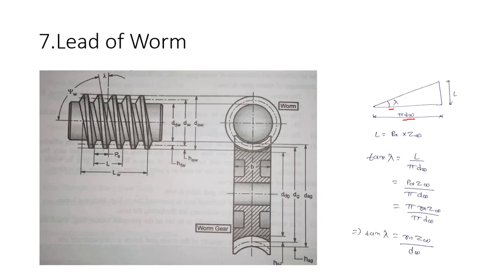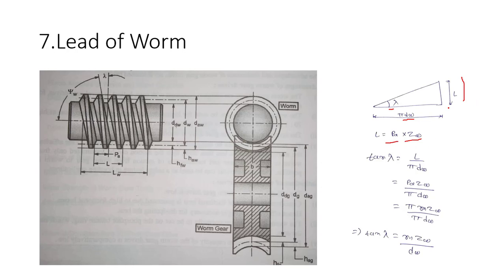It is pi dw, or 2 pi r, the circumference of any circle. So the axial distance traveled by this is known as lead. From the definition, the lead of worm is the axial pitch of worm into the number of starts. So this is the axial pitch and Zw is the number of starts.